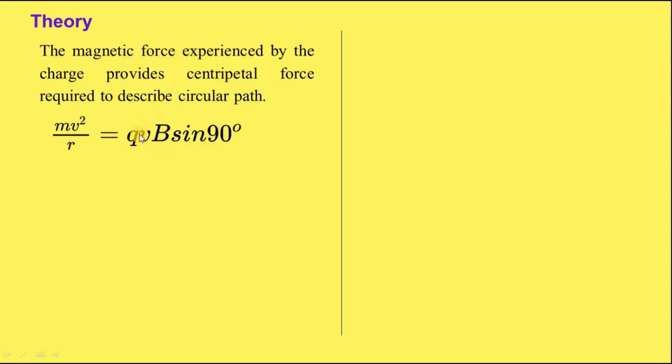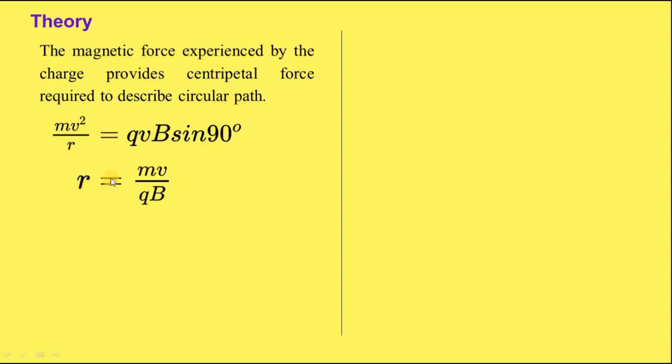So this magnetic force provides the required centripetal force for the particle to execute circular motion. If the particle has mass m and is moving with velocity v and the radius of the circular path is r, then the centripetal force mv square by r is equal to the magnetic force qvB sin 90.